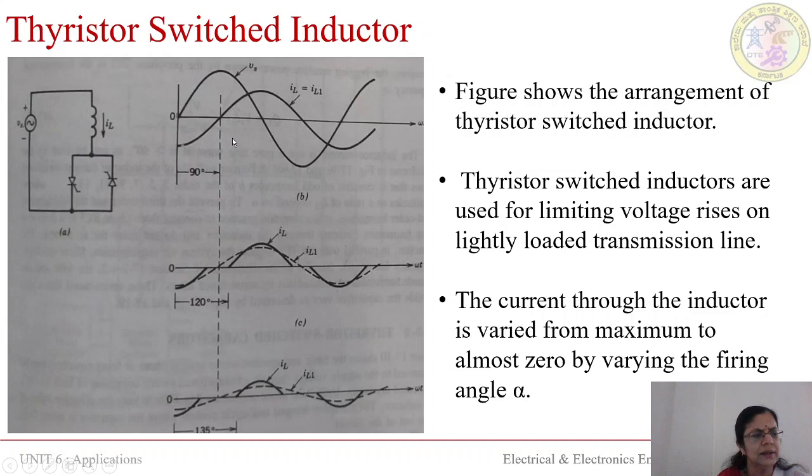What you have to observe is that we have only two SCRs and one inductor. Just by varying the firing angle of these SCRs, using only one unit, you can control the reactive volt ampere.